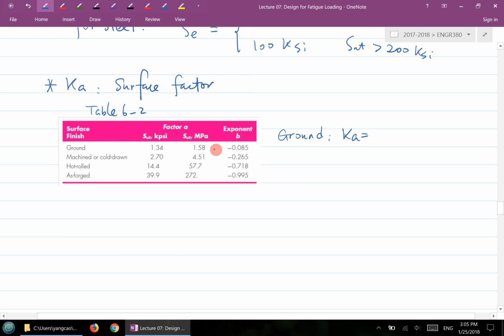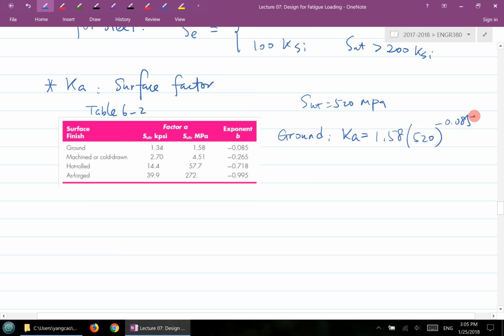Let's say I'm using the standard unit here. For ground, a is 1.58. If I have a material with Sut equal to 520 MPa, then Ka equals 1.58 times 520 to the power of b, which is negative 0.085.